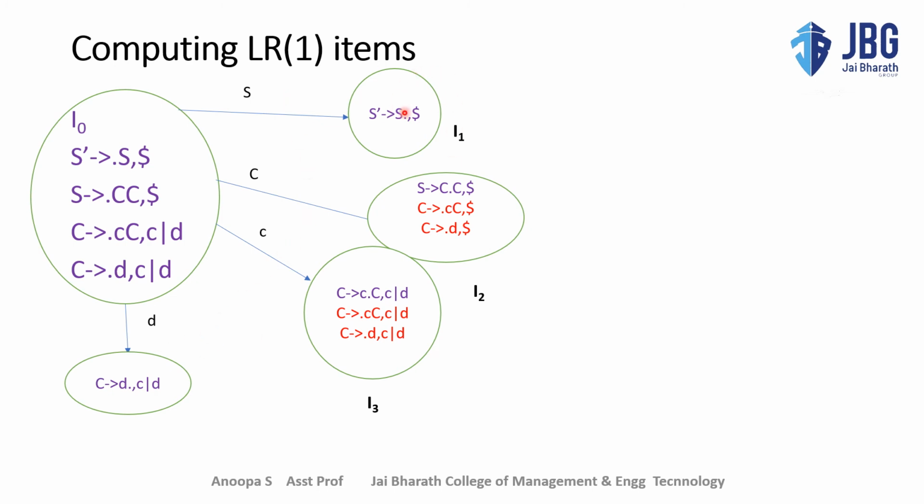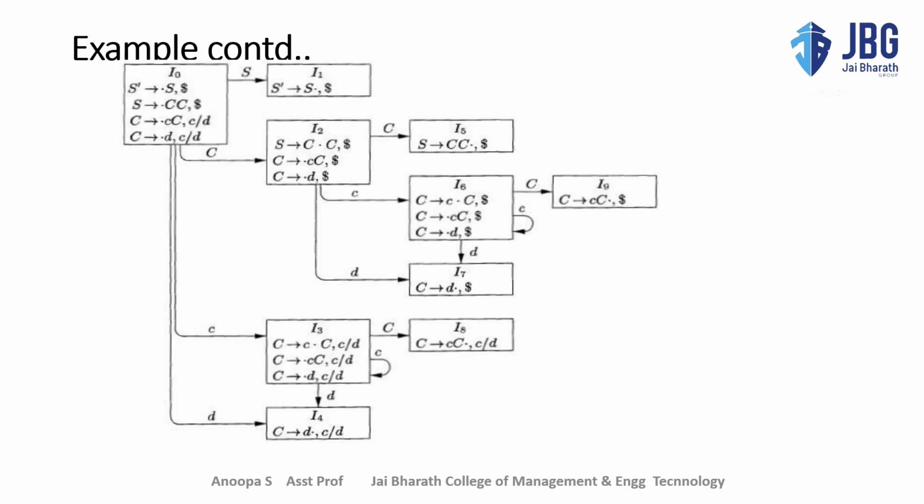In this way, we have to compute goto and closure of all states. Here no further states are possible. Here also no further states are possible. But it is possible for I2 and I3. So this is the final diagram that you will get after completing all the gotos and closures. You can go through it.